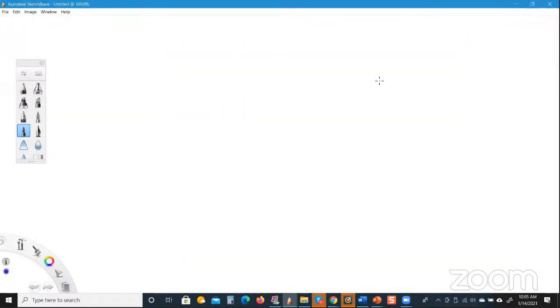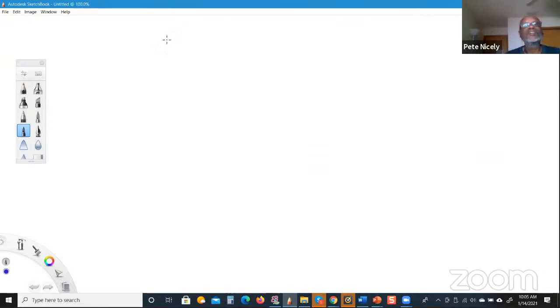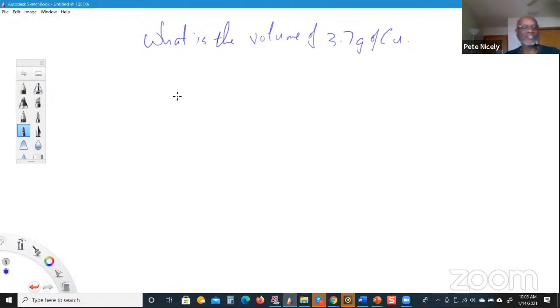Okay, so simple example. What is the volume of 3.7 grams of copper? The conversion factor method is a method that one would use.